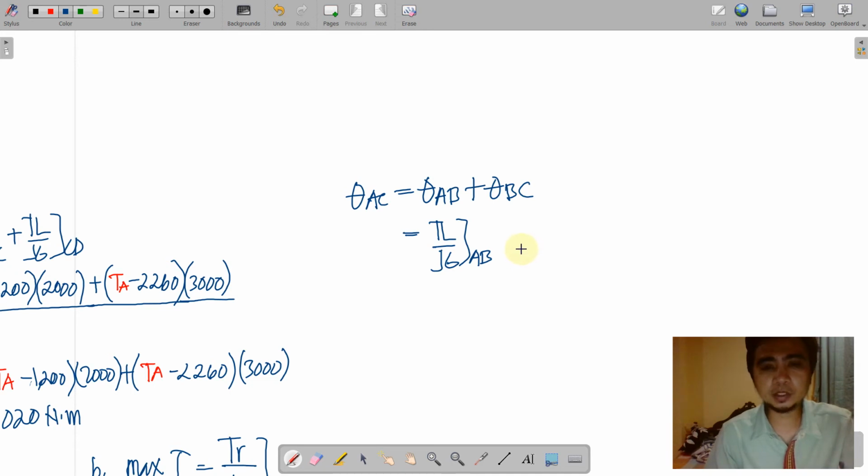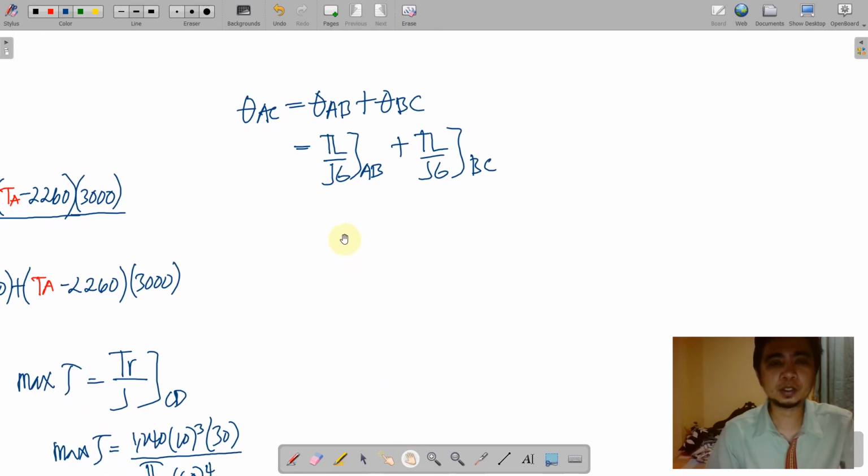We have TL over JG of AB and TL over JG of BC. Speaking of rotation, we need to substitute what we have computed a while ago, considering also the sign, because the sign will indicate the direction, whether it is clockwise or counterclockwise. First for AB, the torque at AB was 1,020 times 1,000 to make it in Newton mm. Length of AB is equal to 4,000.